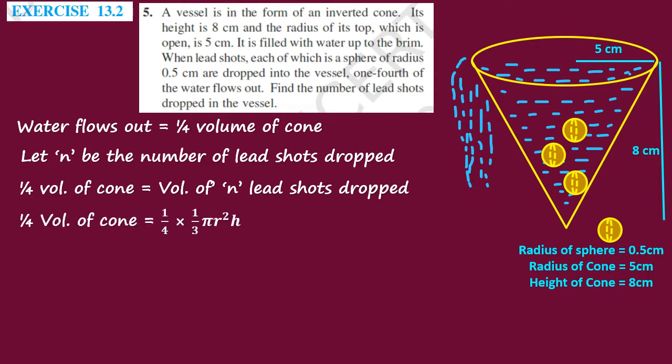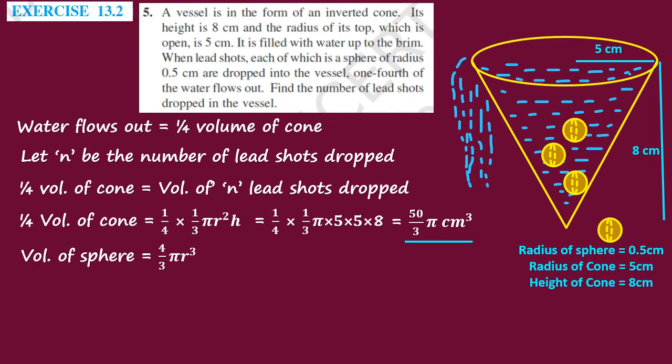That means 1/4 volume of cone is what? 1/4 into 1/3 pi r square h is equal to 1/4 into 1/3 pi into 5 into 5 into 8. That means 50/3 pi centimeter cube. That is the volume of 1/4 of the cone. And this is equal to the volume of n number of lead shot dropped.